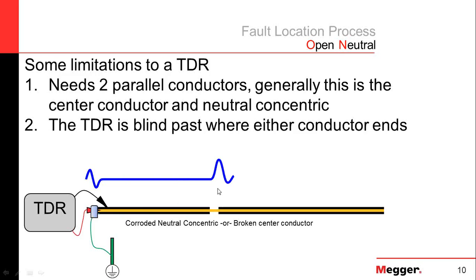Now, when I say corroded neutral, I'm qualifying that. Completely corroded away. There's no longer any electrical continuity through that corroded neutral. Many times the neutral, like on an unjacketed cable, is damaged, and you can see the far end.